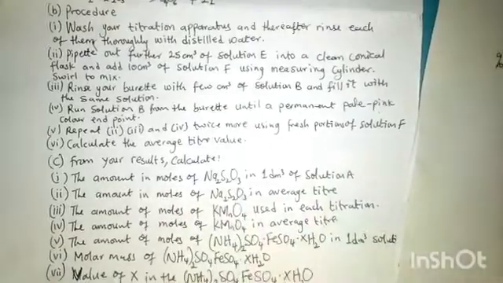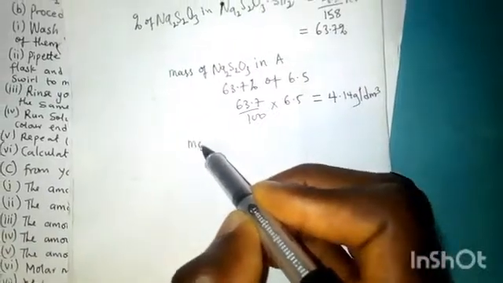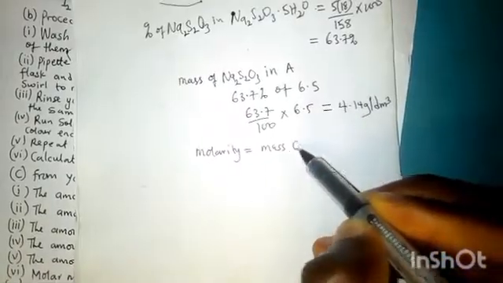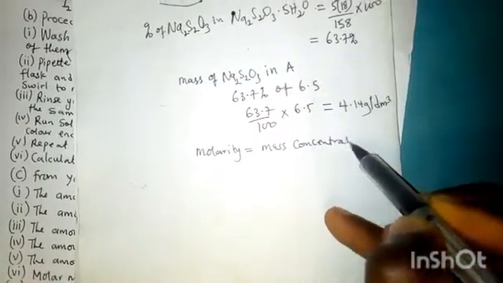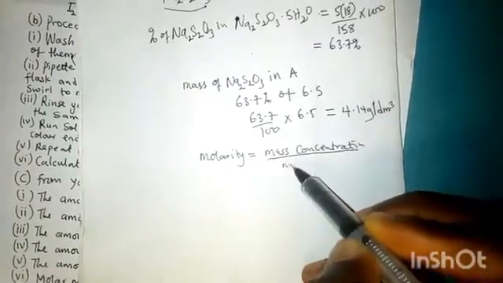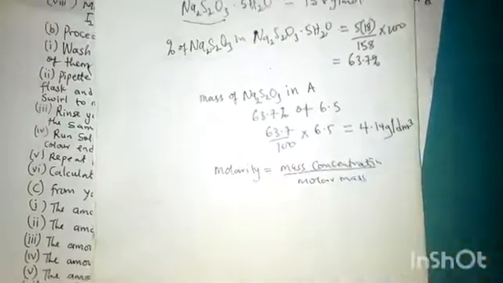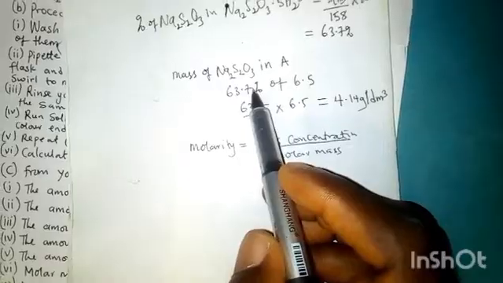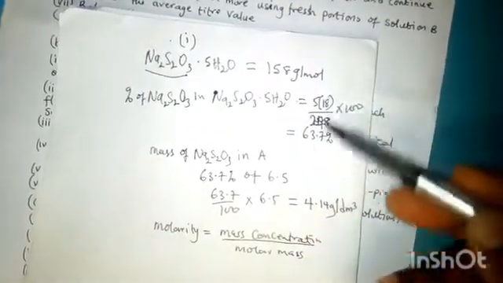But we are told to find the number of moles, so we have to convert this 4.14 into moles, and we use the formula: molarity equals mass concentration over molar mass. Mind you, the molar mass of this is not 158 any longer, it's going to be different. Oh, we have made a mistake here. The molar mass is not 158, it is actually 248, but it still gives the same answer.